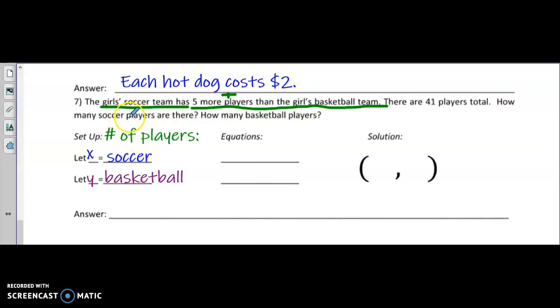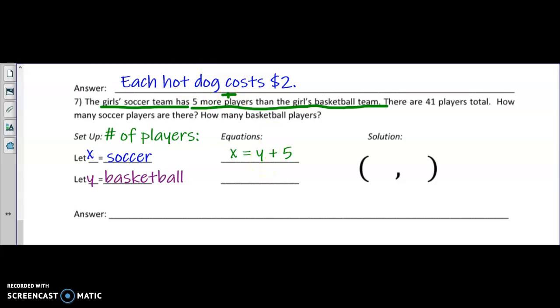Well, read it without the 5. The girls' soccer team has more players than the basketball team. So the soccer team has more. We called soccer X. So therefore, X is by itself. So X equals, and then we take the number of girls on the basketball team, which is Y, and we add 5 because they have 5 more than the basketball team.